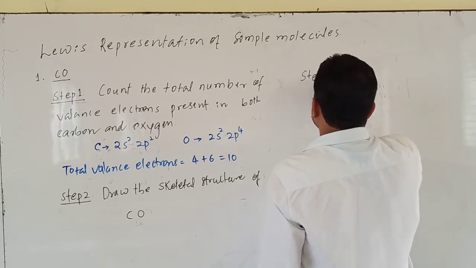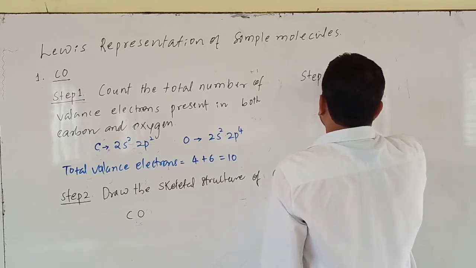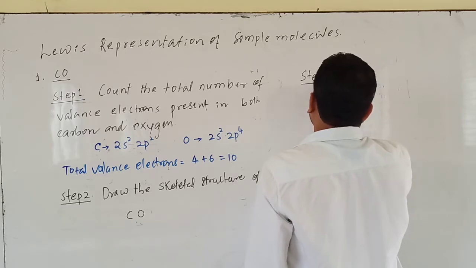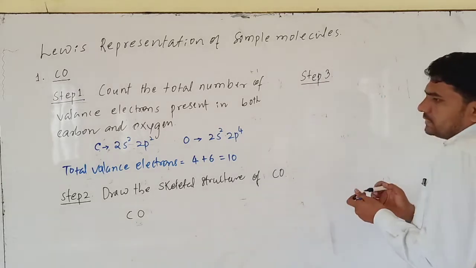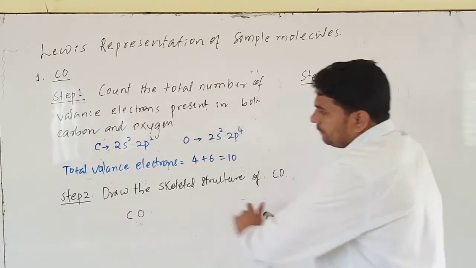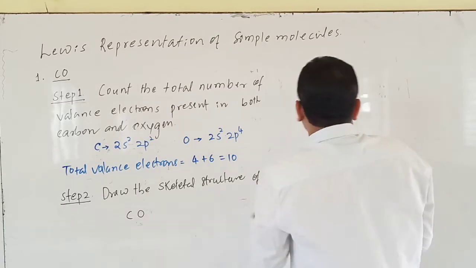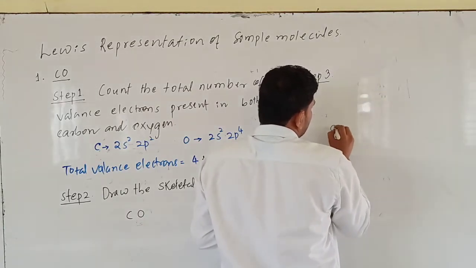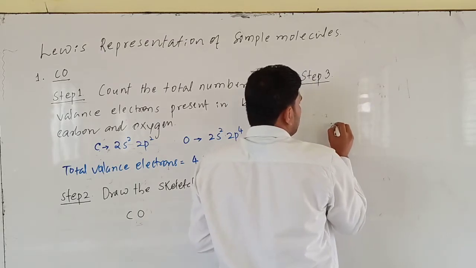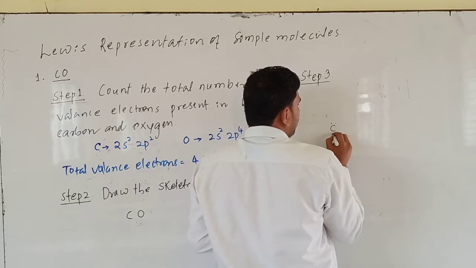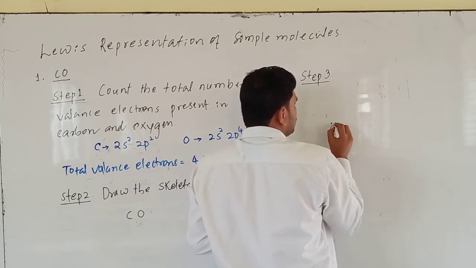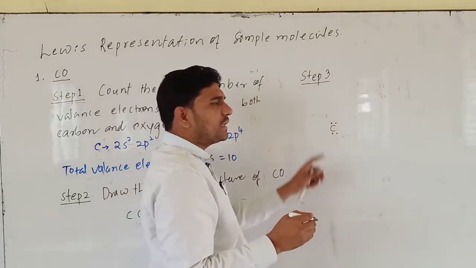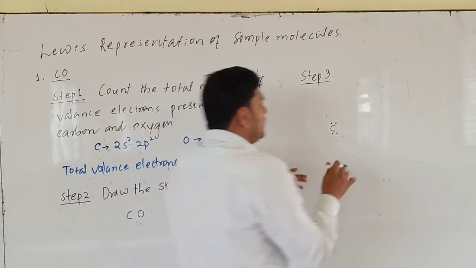Step 3. Last step. Now we know that carbon contains how many valence electrons? 4. We need to represent those 4 electrons in the form of dots around the symbol of carbon.